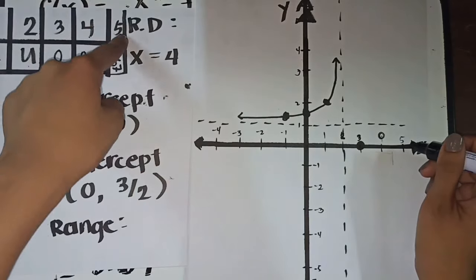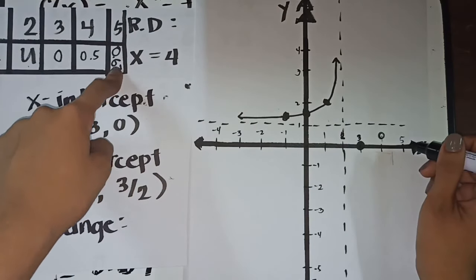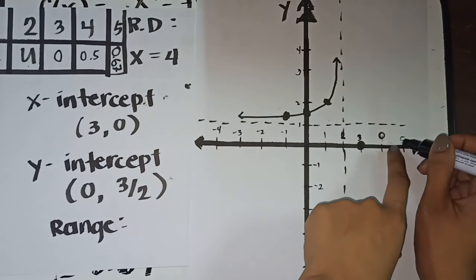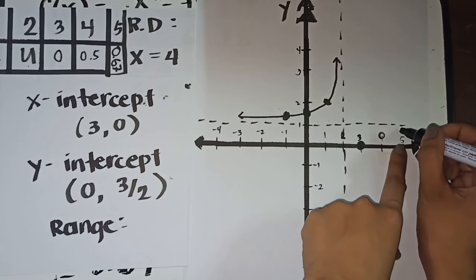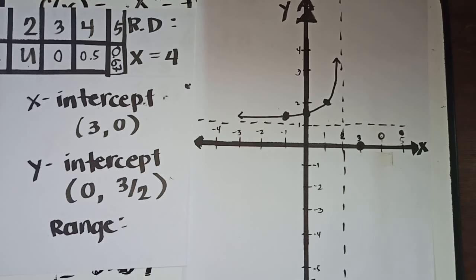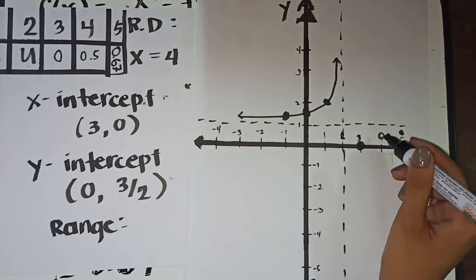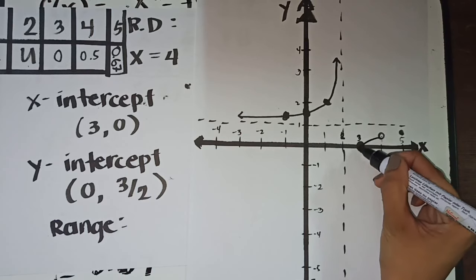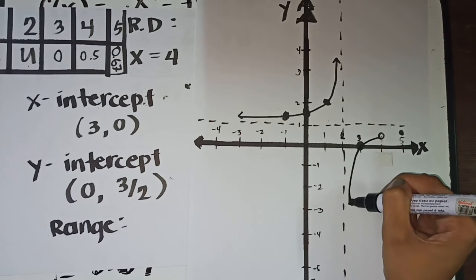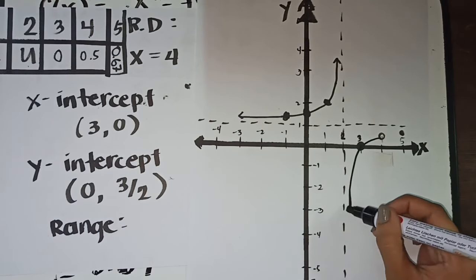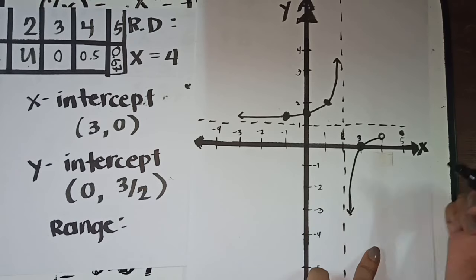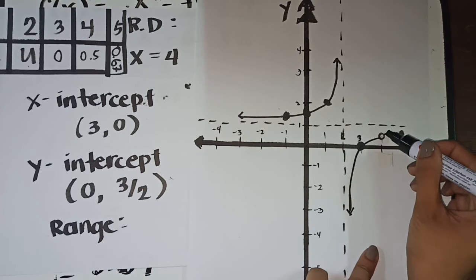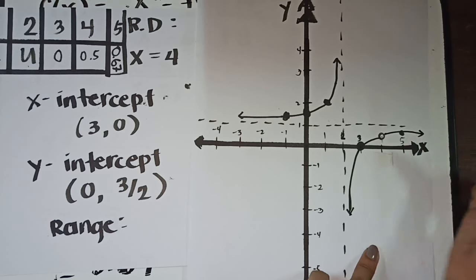Okay, so next. If the value of x is 5, then the value of y is 0.67. So positive 5 and positive 0.67. Then connect the points. So palapit lang siya ng palapit kay asymptote, pero hindi nagtatagpo. Okay.